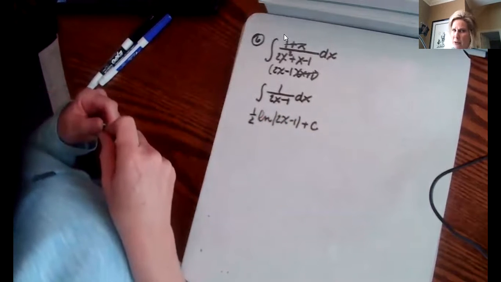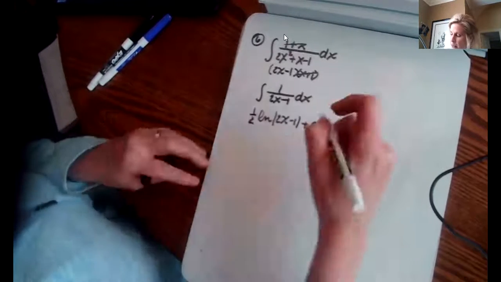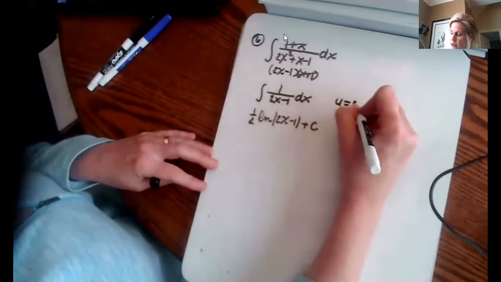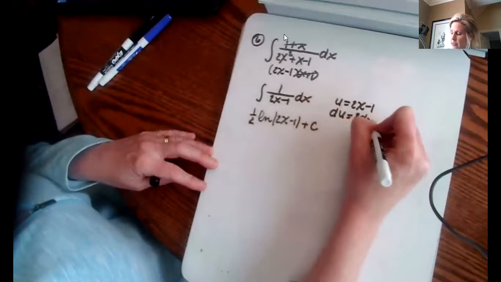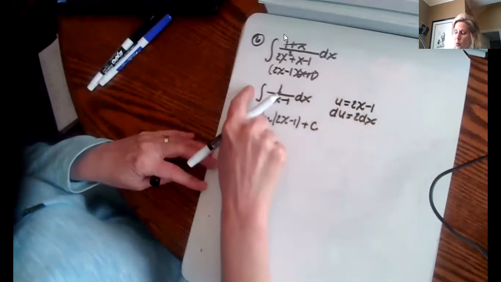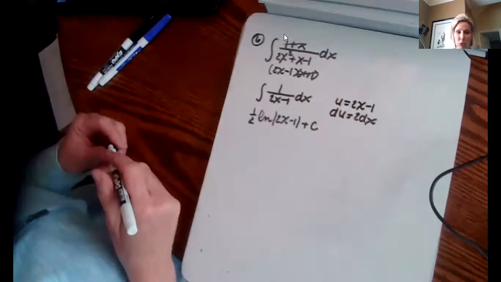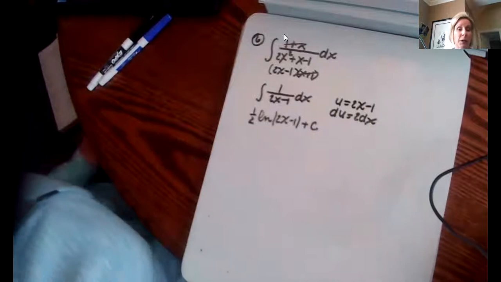Now, you may be still a little iffy on that. And if you are, just do the u-sub. If I did the u-sub, it would be that u is 2x minus 1. Du equals 2 dx. So I would replace the dx with 1/2 du. So that's where the 1/2 would come from if you wrote out the u-sub steps.